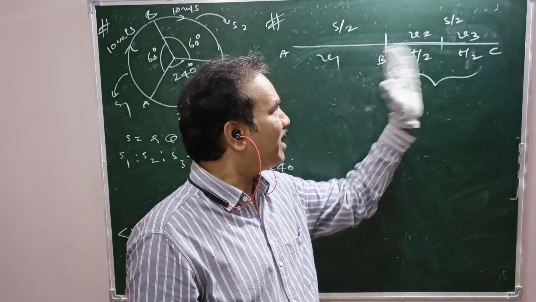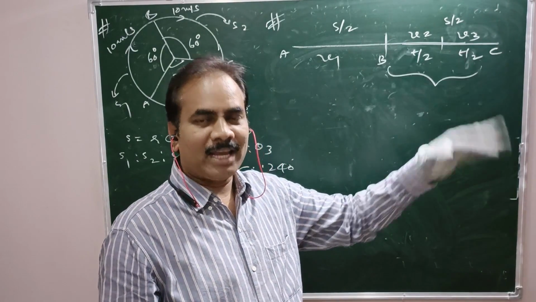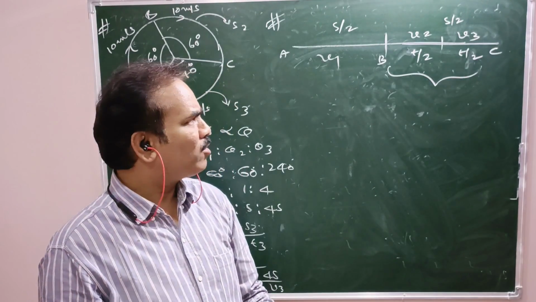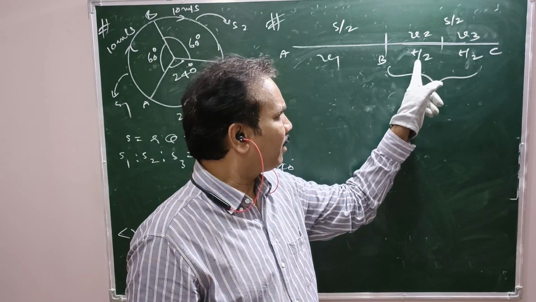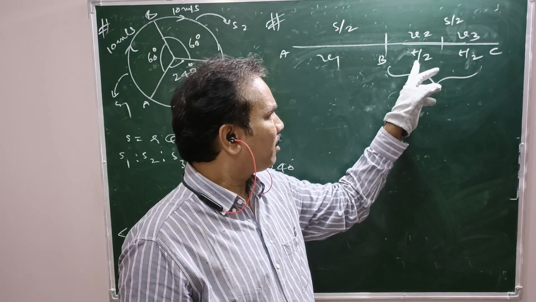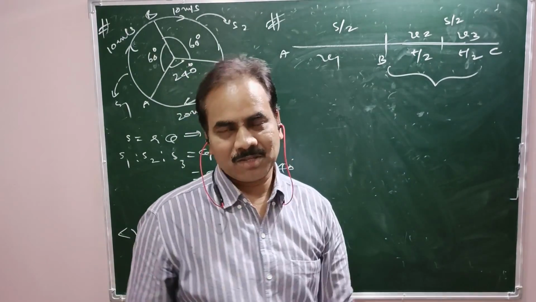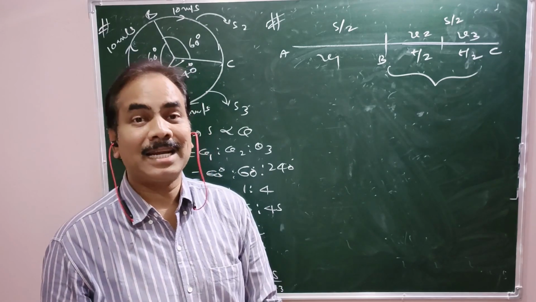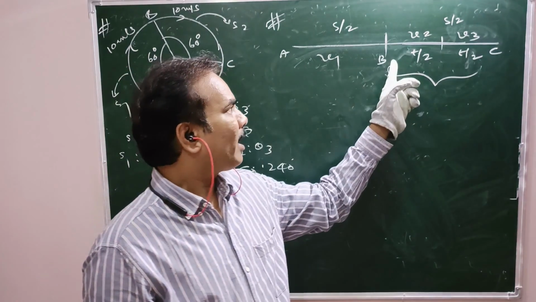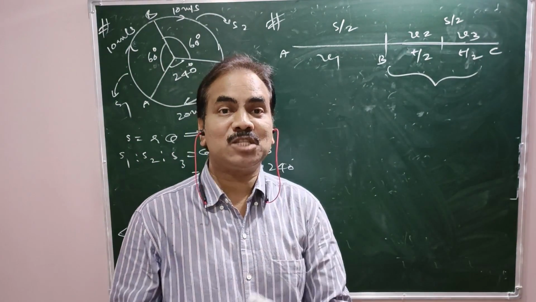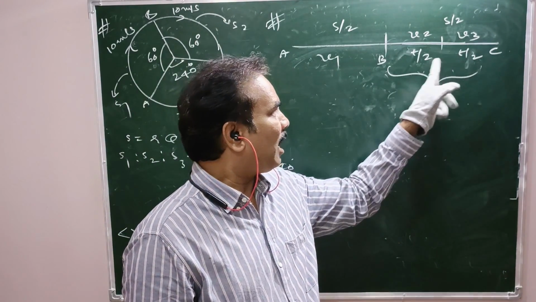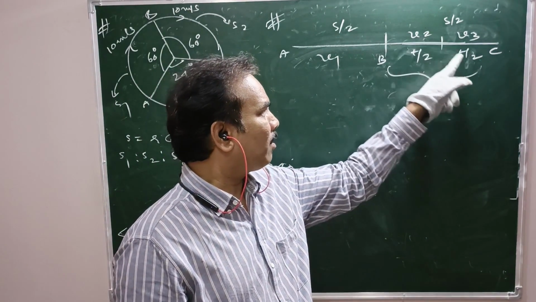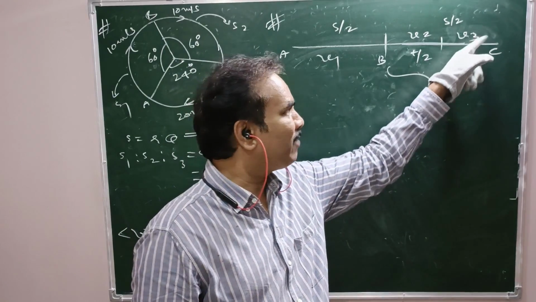So the body moves with different speeds in successive equal time intervals. That means segment BC corresponds to time average speed. Why? Because from B to C, half of the journey time is with the speed v2, the remaining half with the speed v3.